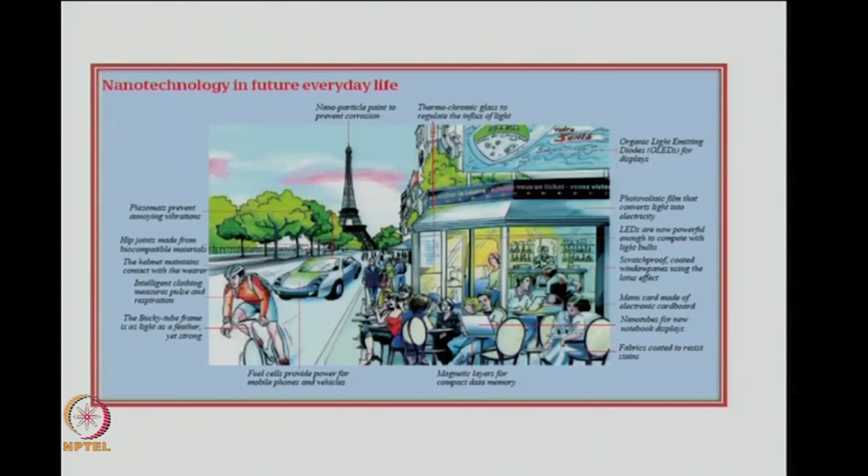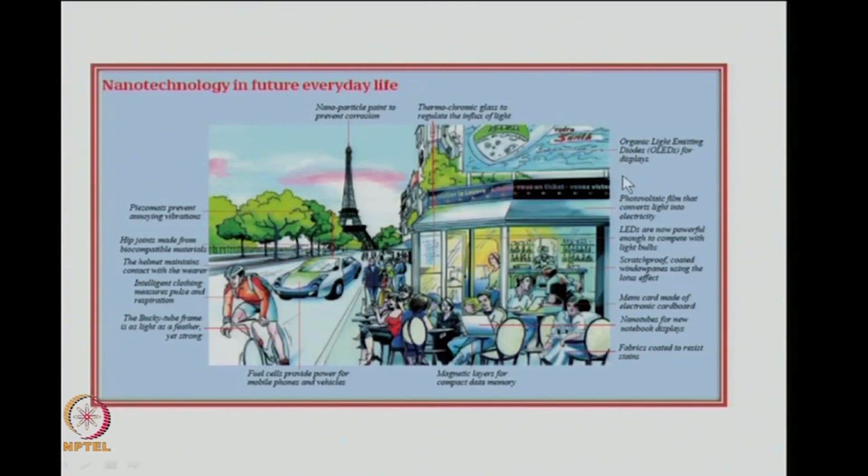Now, we can see nanotechnology applications in the future in everyday life. For example, there will be thermochromic glass to regulate the amount of light going through a particular glass window. These can be coated with some nanomaterials which cut down certain wavelengths of light. Similarly, you will have organic light emitting diodes for displays.